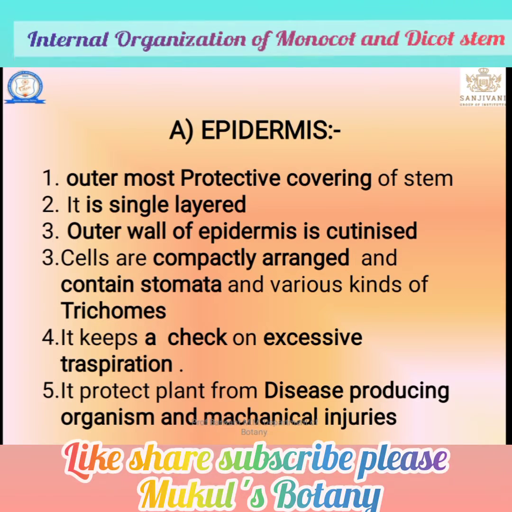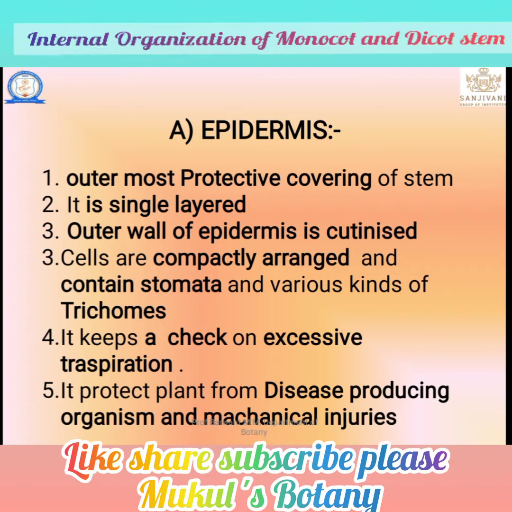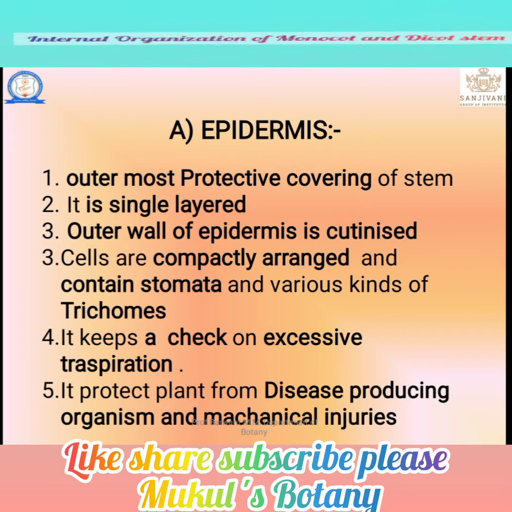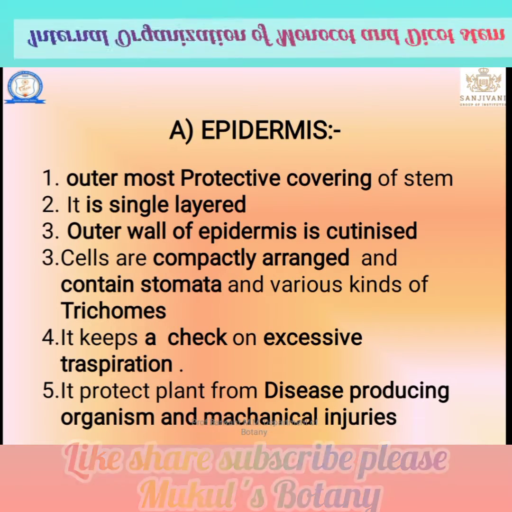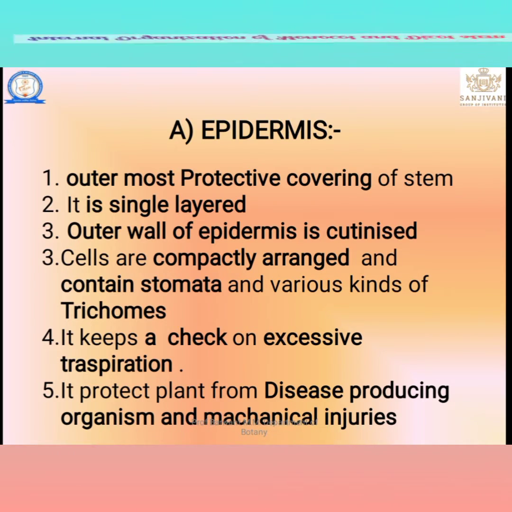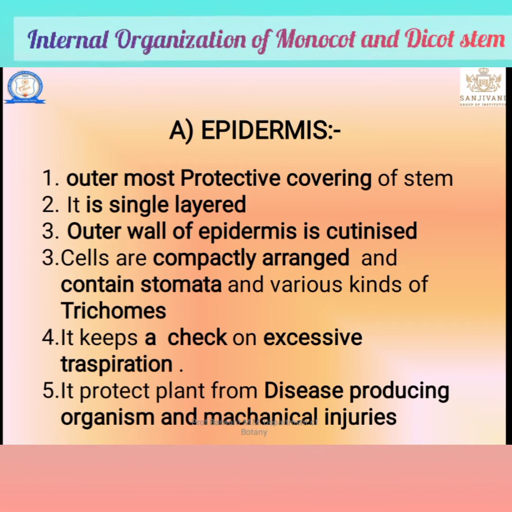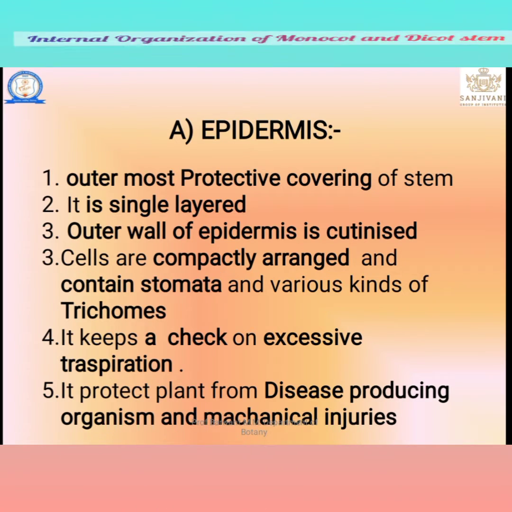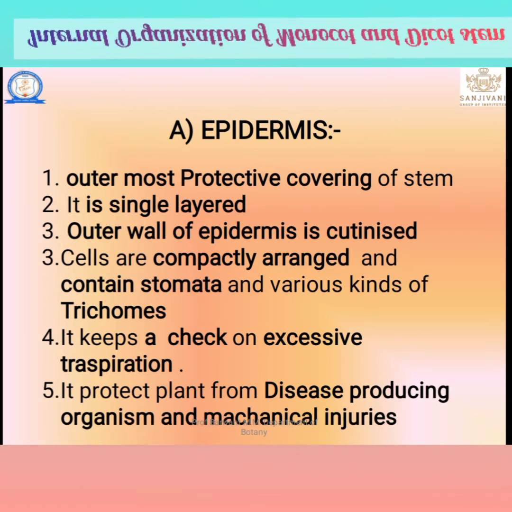Stomata are sometimes present on the surface, along with various kinds of trichomes, that is, different types of hairs. They keep a check on excessive transpiration by the plant. They protect the plant from disease-producing organisms and mechanical injury.